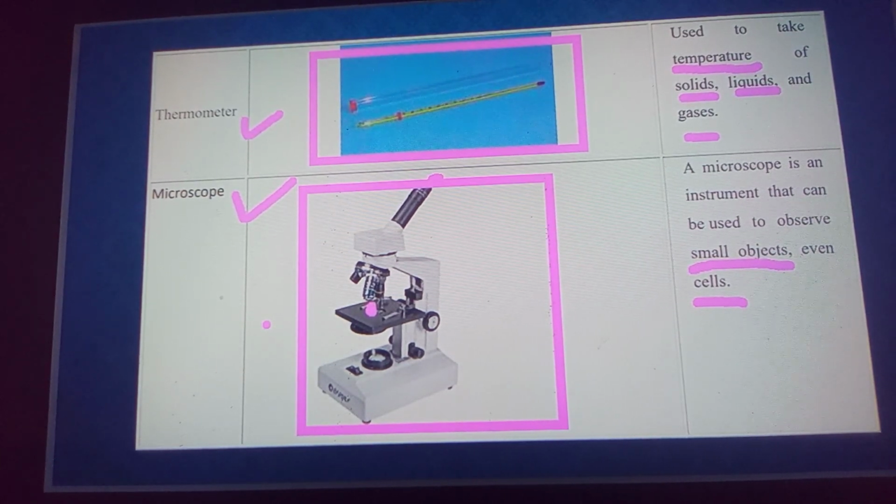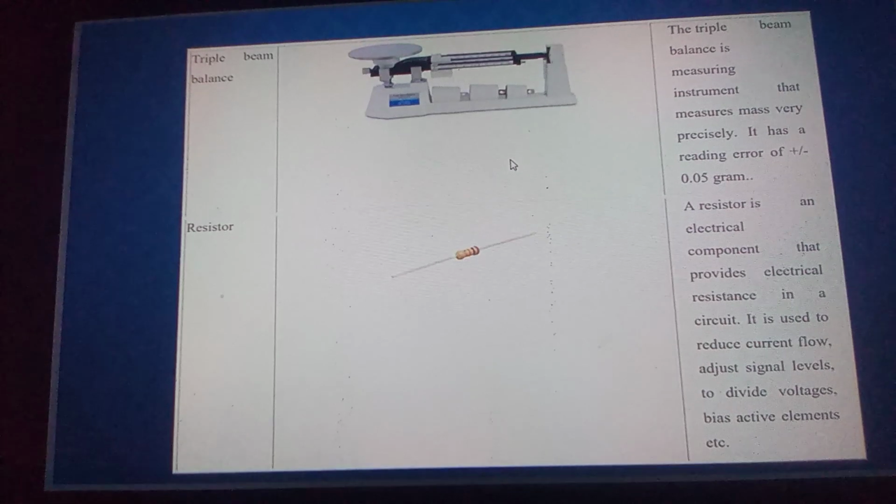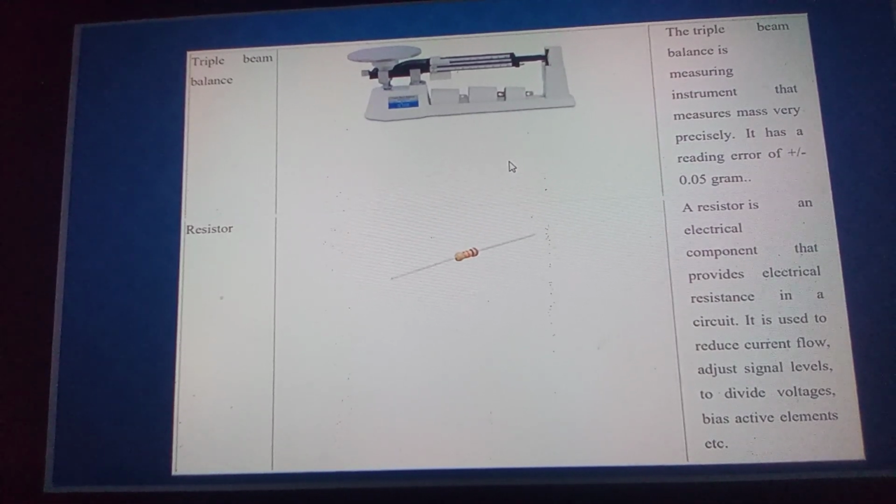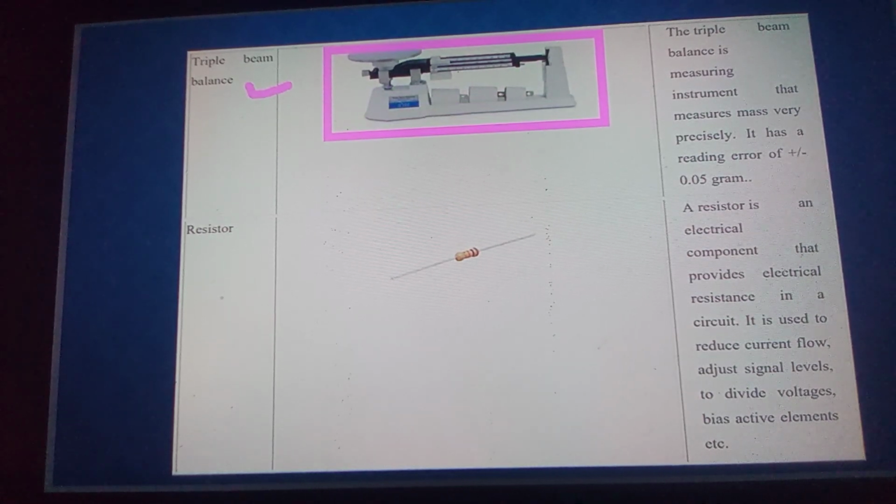Let us continue. Triple beam balance. You try to observe the image.